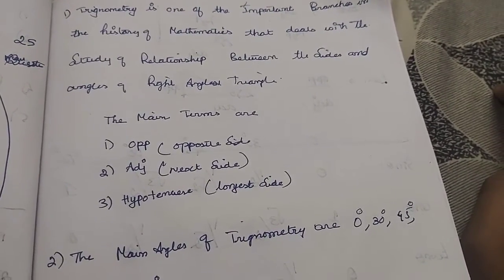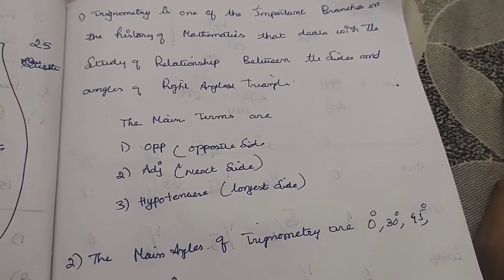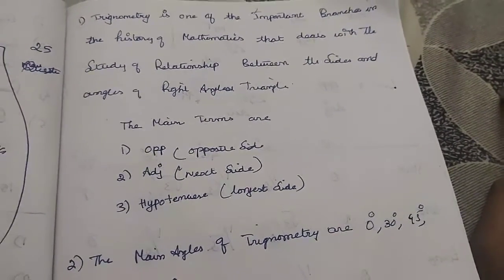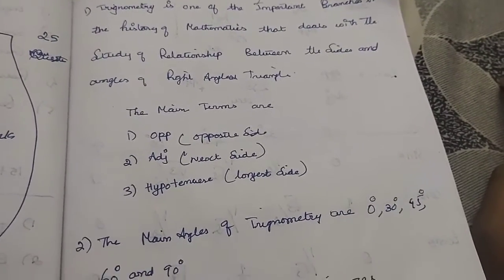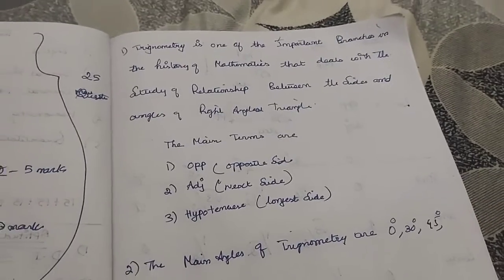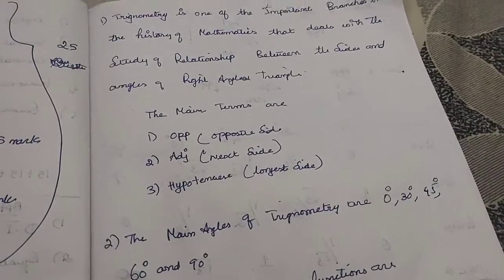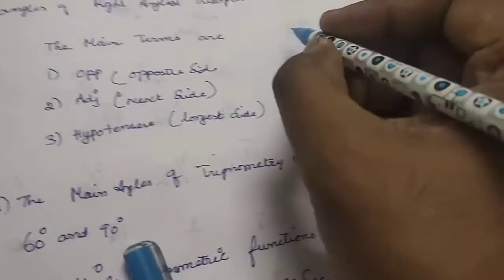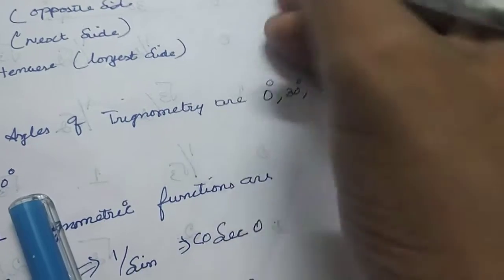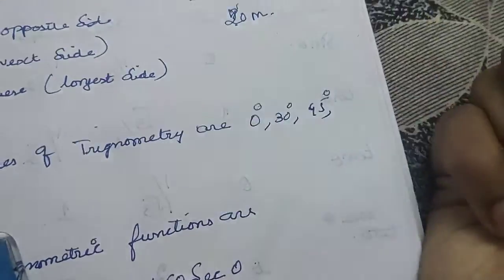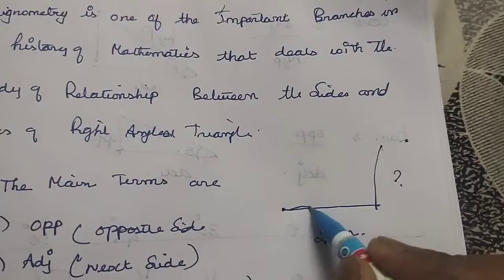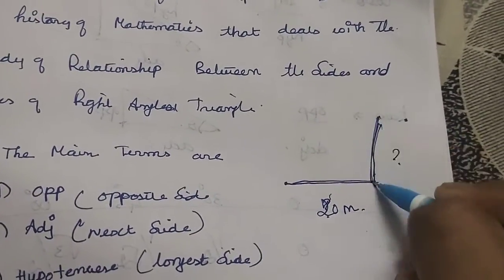For example, we have the angle but need to calculate the height of a particular area, then we use trigonometry. For example, we know the ground distance from the spot where we stand, say 20 meters, but we don't know the height.